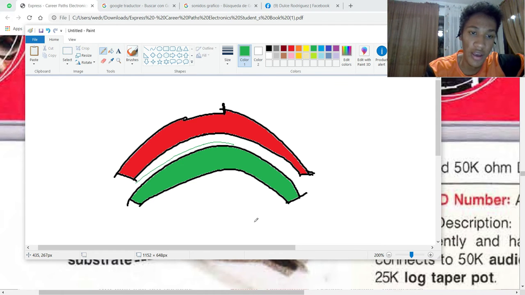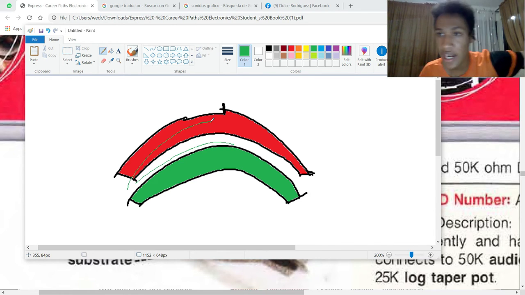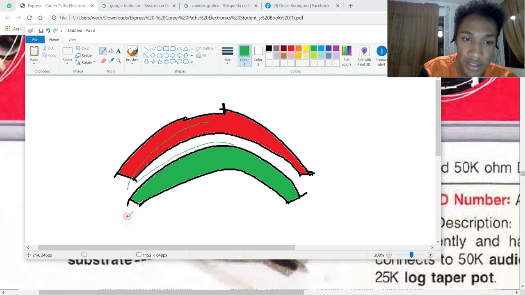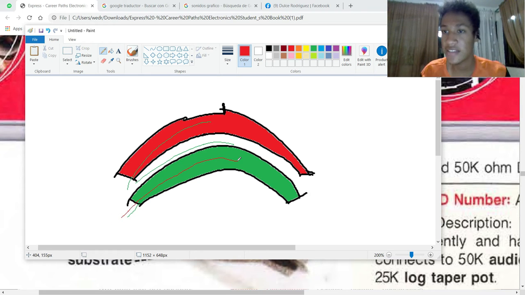For example, if I do that, the conductor of the metal is most pure, so I can pass the current. But if I pass through here, it is a different resistance. So if you have different waves, you can modify the resistance.